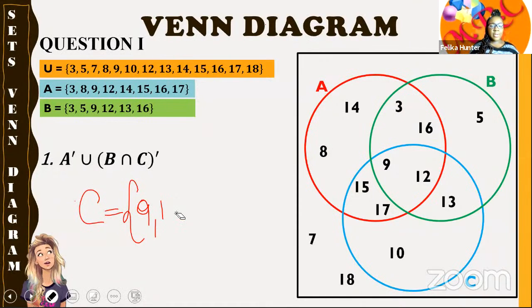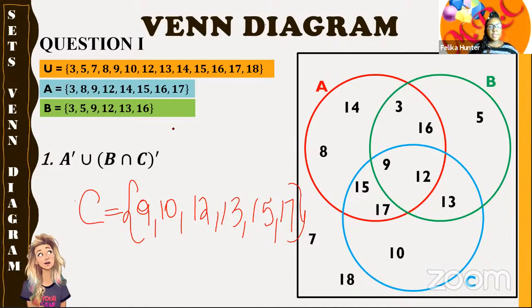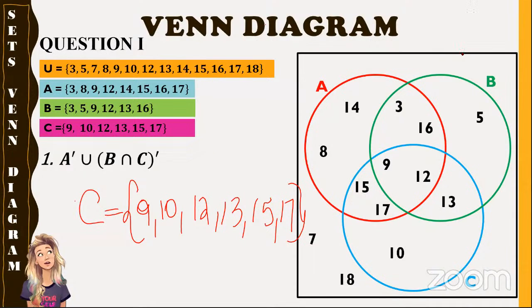So we have 10 before 12, and then 12, and then 13, and then 15, and then 17. Good. Thank you, Peter. So it is 9, 10, 12, 13, 15.